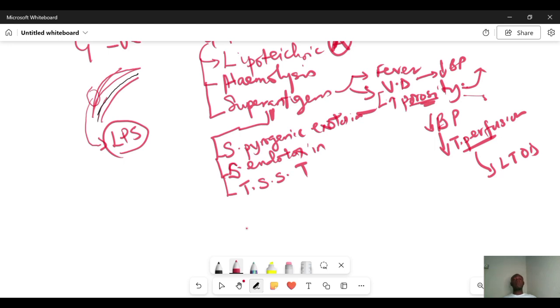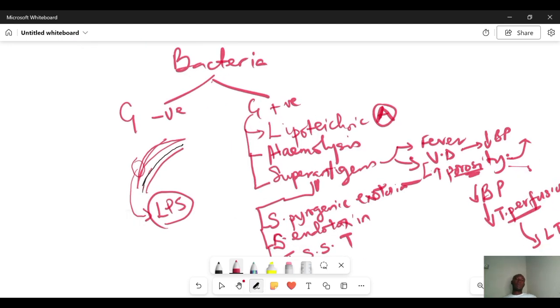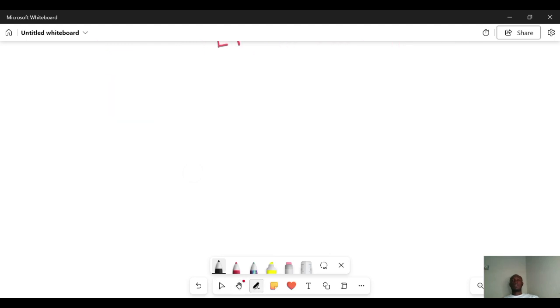Now, whether we are looking at the gram-negative organism or the gram-positive organism, once these organisms gain access into the body, they release their triggers. Triggers can be lipopolysaccharide, as we have just seen, or if it's a gram-positive organism, like Staphylococcus and Streptococcus, as the case may be, they give rise to any of these triggers, and they will carry out their functions as we just saw.